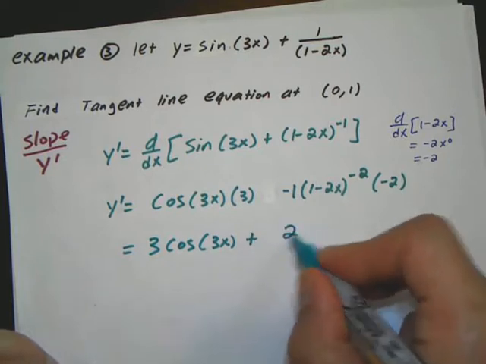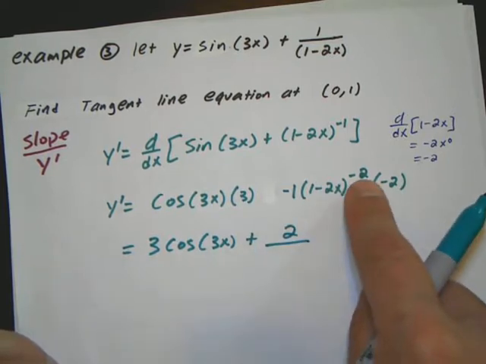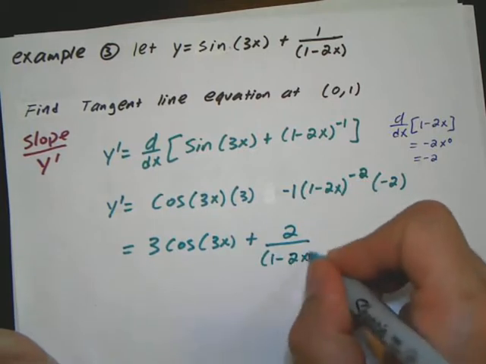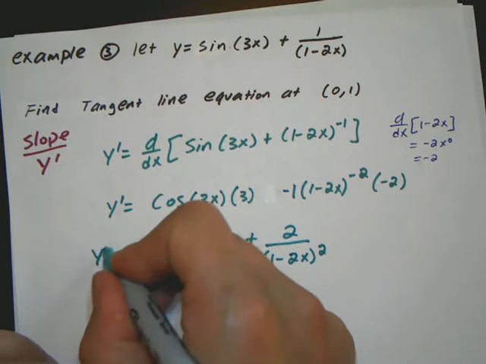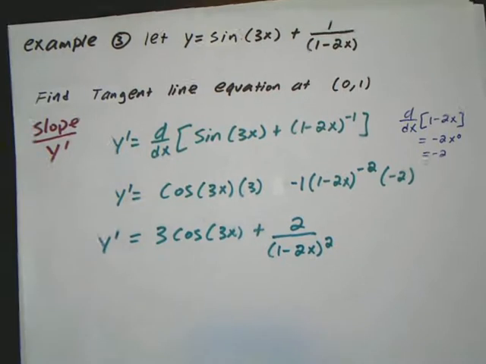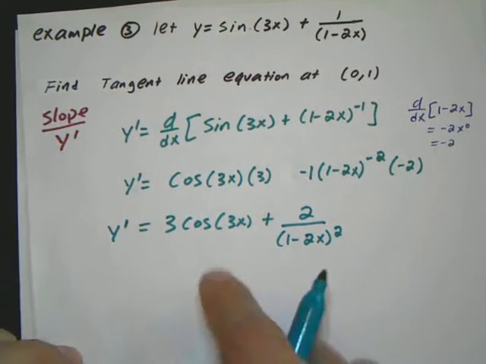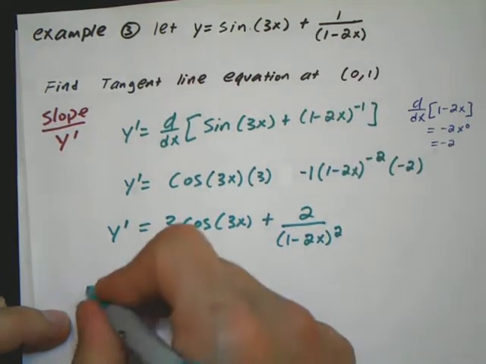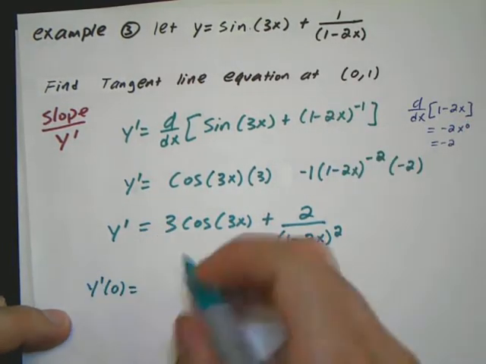To find the slope, I have to now evaluate the derivative at the point, the x-coordinate, which is 0. So y prime of 0 is going to be a 3 cosine. Well, when I plug in 0 here, it's going to end up being 0 plus 2 over 1 minus 2 times 0 squared.